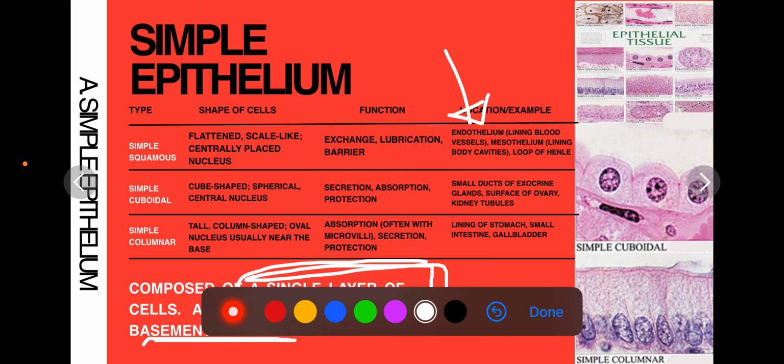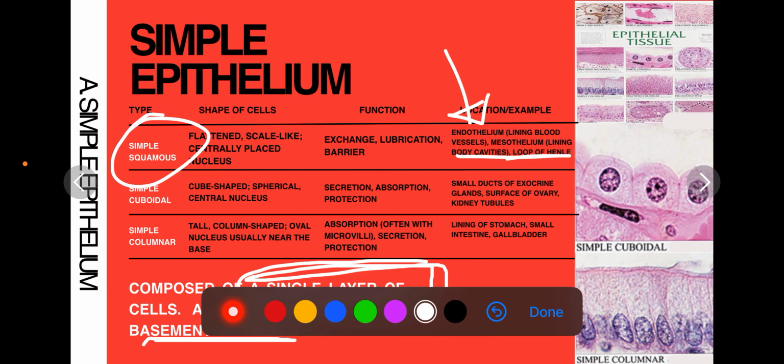So if they ask you what the epithelial lining of the blood vessels is, or what the tissue type of endothelium is, it is simple squamous. And because it is thin and based on the basement membrane, it is renewed automatically, so it exfoliates and changes constantly.